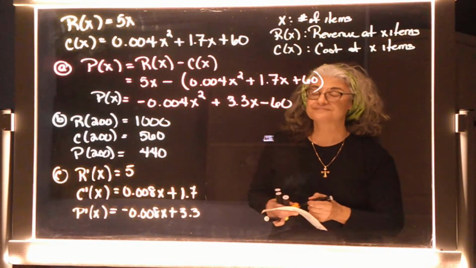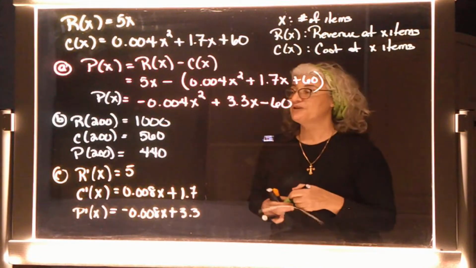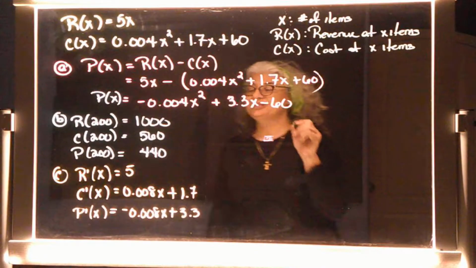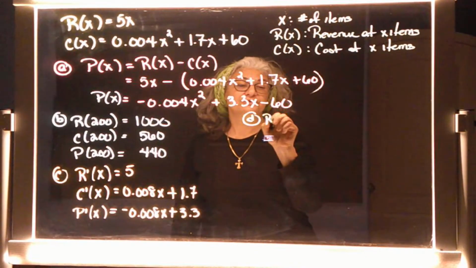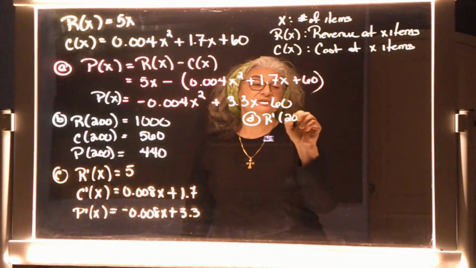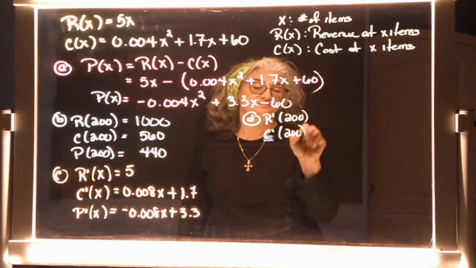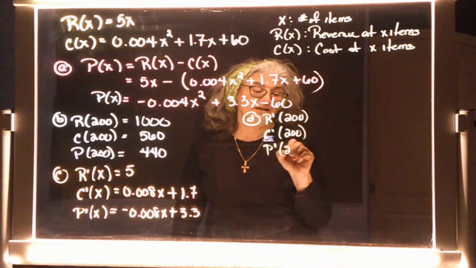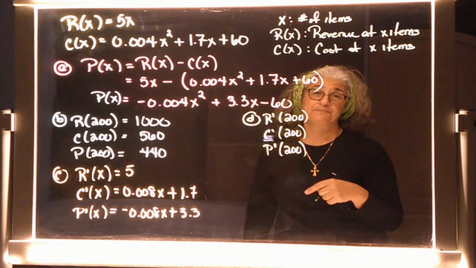Good? All right. Last but not least, part D is asking you to now find the first derivative of each one of these functions at 200. So, where are you going to plug the 200 into this time?